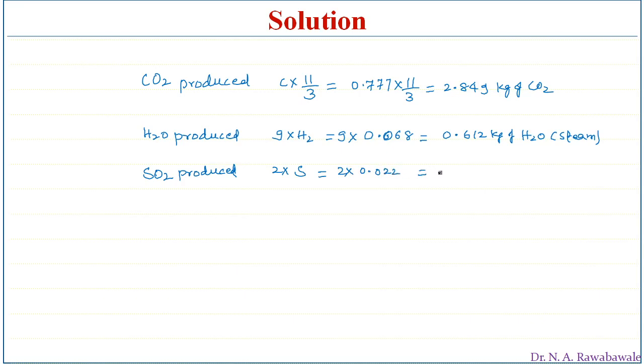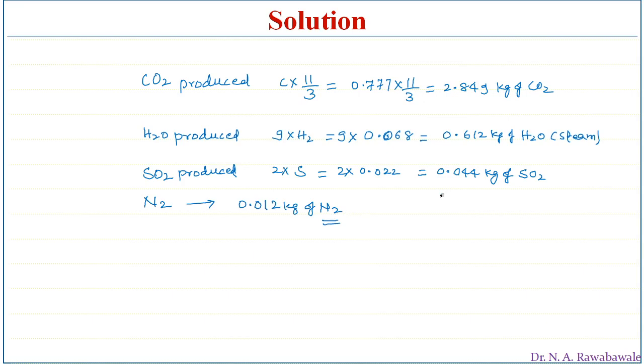So this works out to be 0.044 kg of SO2, sulfur dioxide, is produced, and the nitrogen which is present is directly transferred as it is. The nitrogen present is 0.012 kg, or that is 1.2%. So 0.012 kg of nitrogen N2 is present in the flue gases on combustion of 1 kg of fuel.